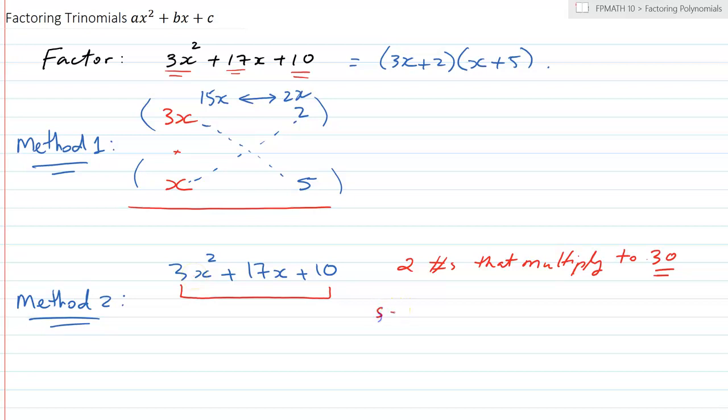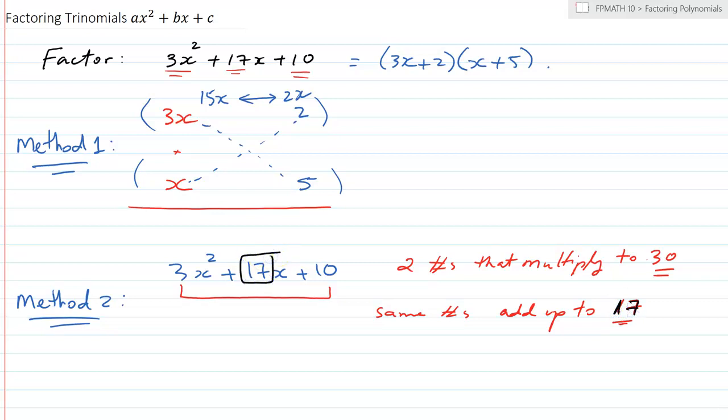And the same two numbers add up to the middle term 17. That is very important. Okay, so that's the difference.